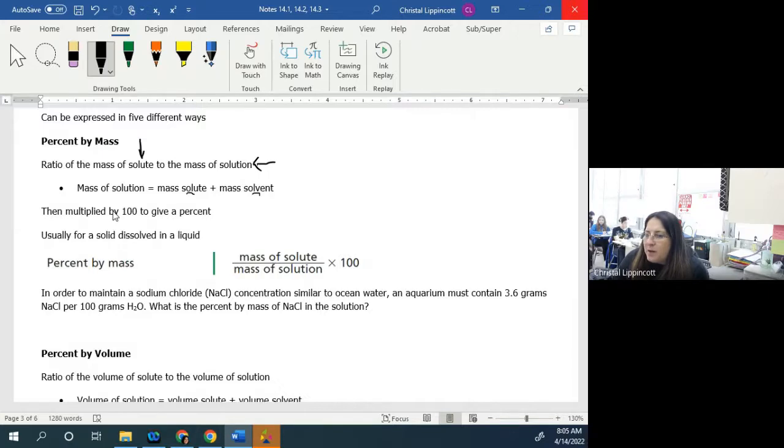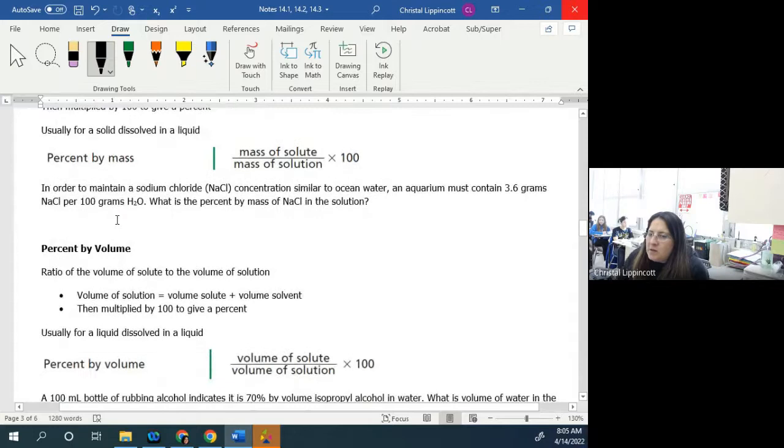Then you multiply by 100 to give you a percent. For a solid dissolved in a liquid, this is typically what is used. You have the mass of the solute divided by the mass of the solution times 100. So you're looking at a part divided by a whole, the same type of percentage that we've been doing all year long.